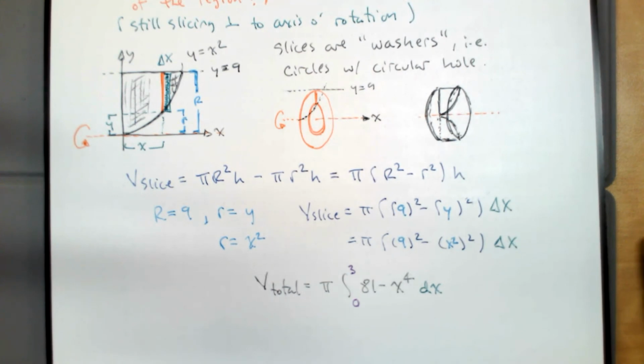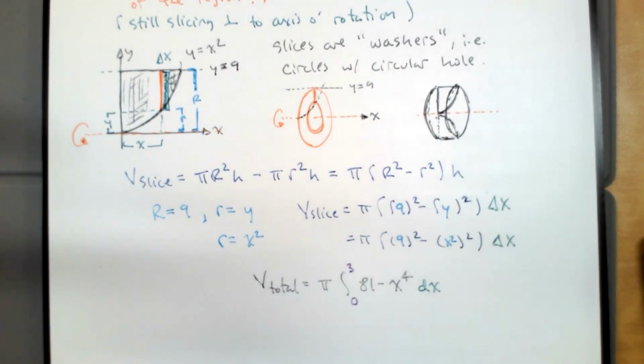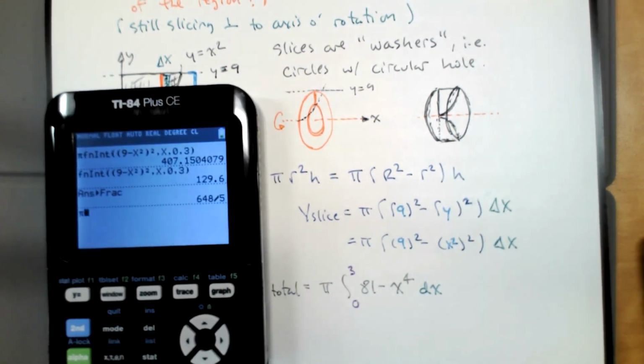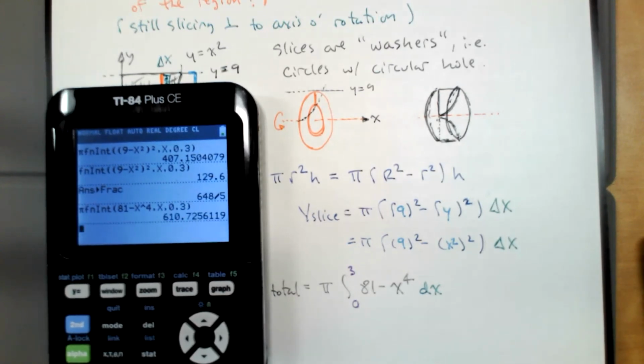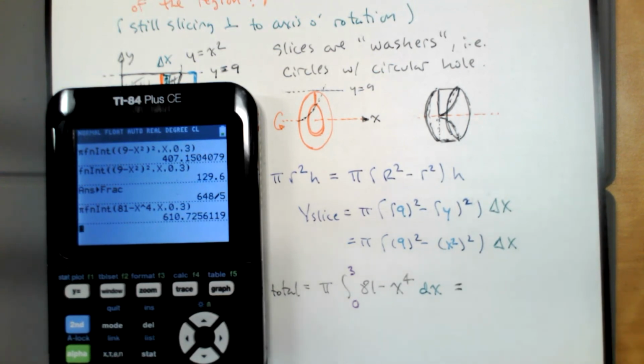Yikes. Any questions? So we're going to integrate pi times 81 minus x to the 4th this time, with respect to x from 0 to 3. We expected it to be bigger because, I was thinking of a different problem.